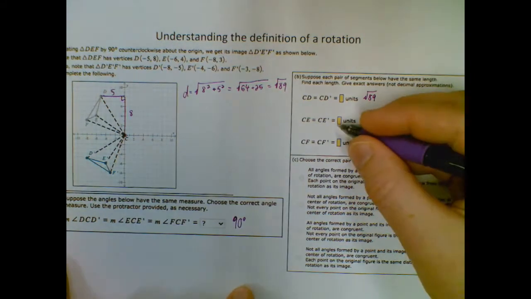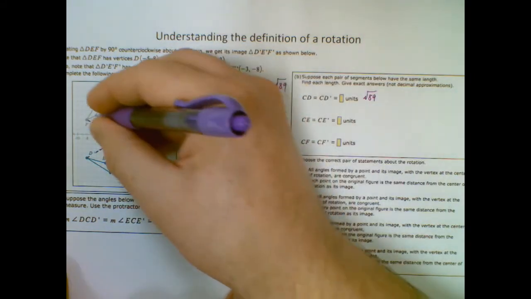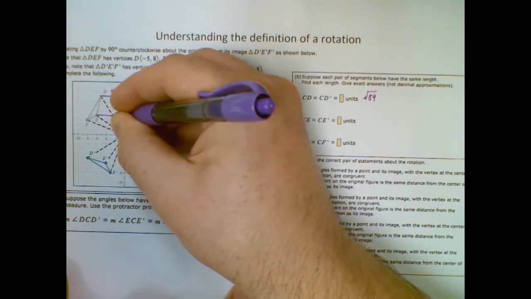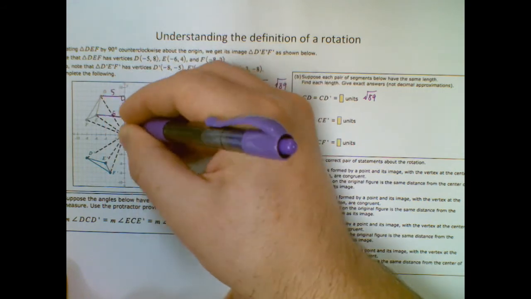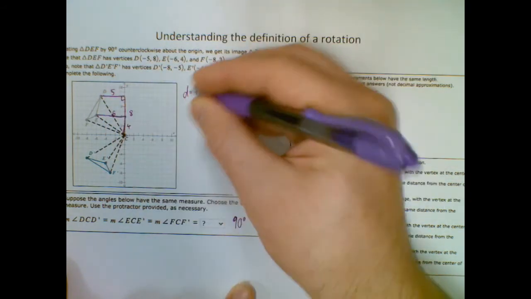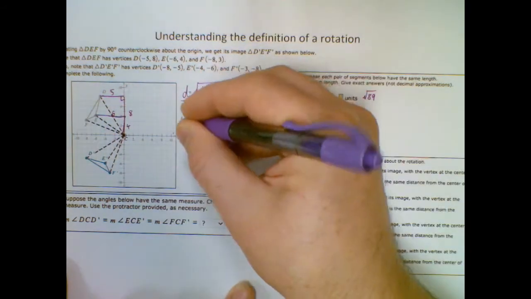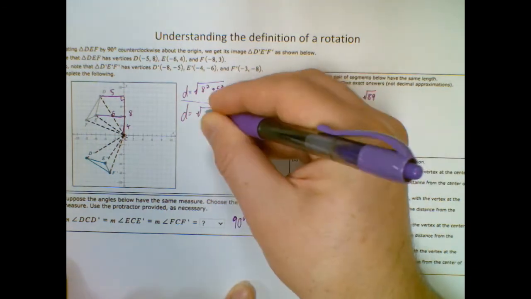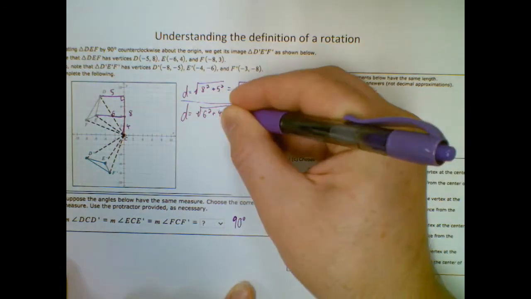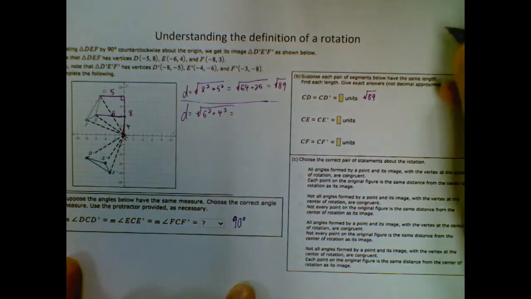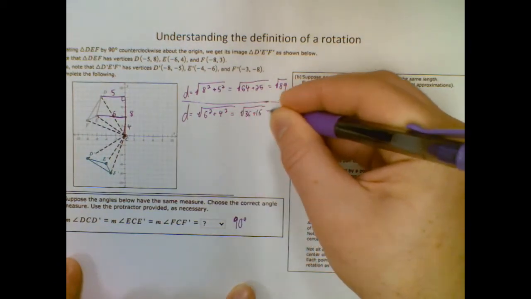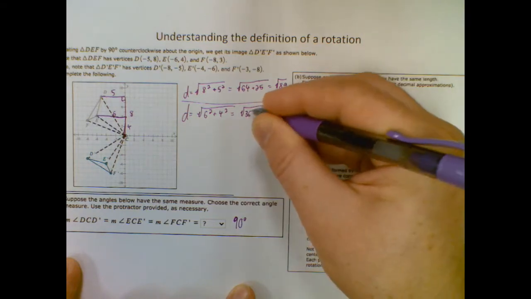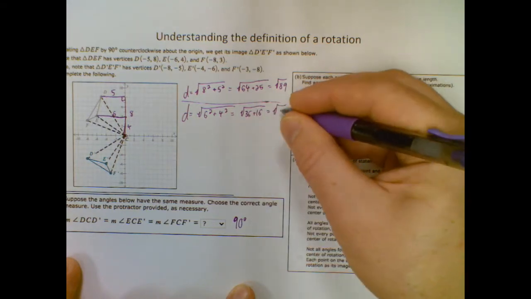Fair enough. And then we do CE, so this guy. So this one's going over 6 and up 4. Okay. 36 plus 16 gives me 52.